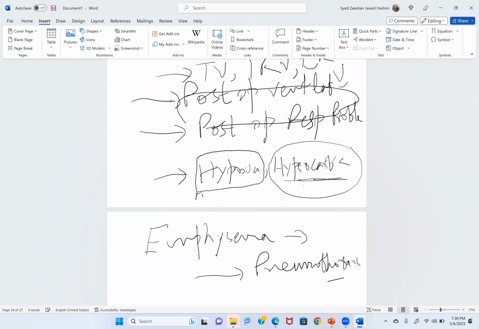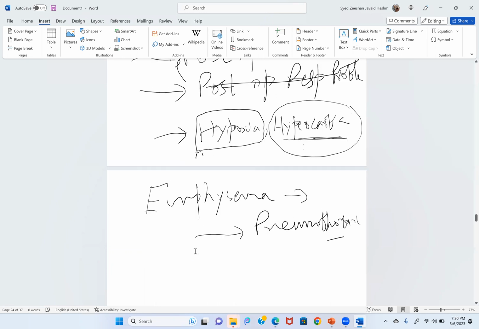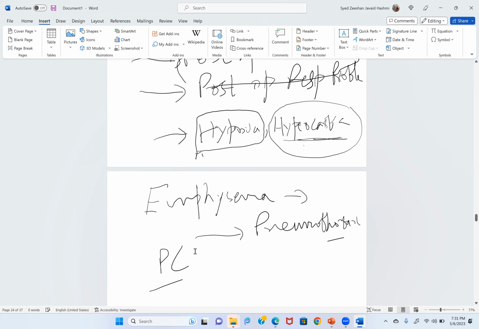Similarly, if the patient was already having some sort of hypoxemia, and that was the base of his ventilatory drive, if you give too much oxygen, that will create a problem. Similarly, as I mentioned about emphysematous, if you see the COPD patient, it is better to have pressure control ventilation. So that's how you will correlate.